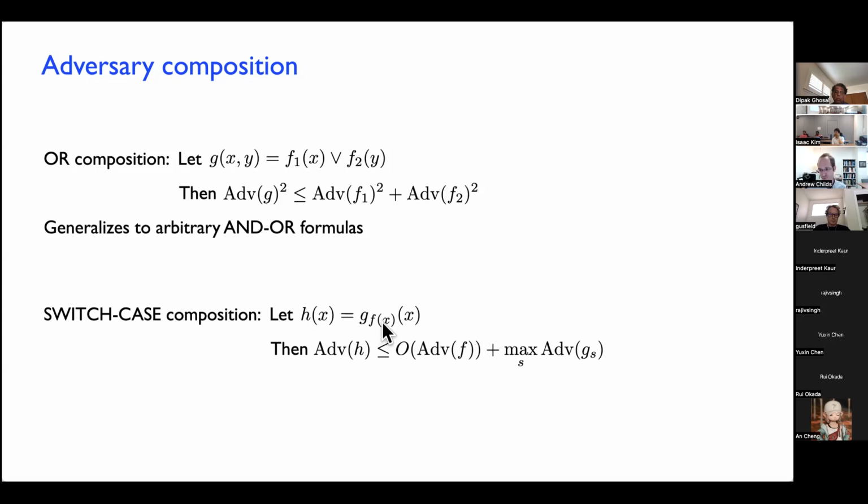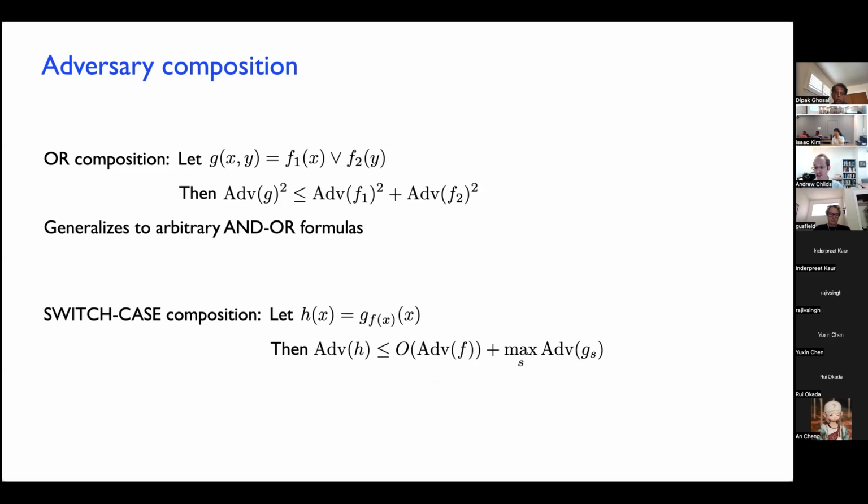That's also a function of the input that you have to compute. And so the cost, in terms of this adversary quantity, of computing this function h is at most the adversary quantity of the function f that you have to compute to figure out which function g you want to compute, plus the largest of the adversary quantities of any of the functions g that you're going to compute.